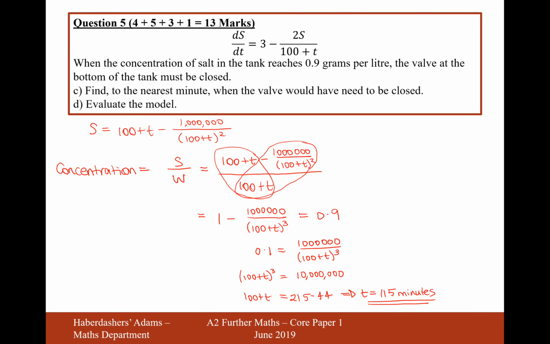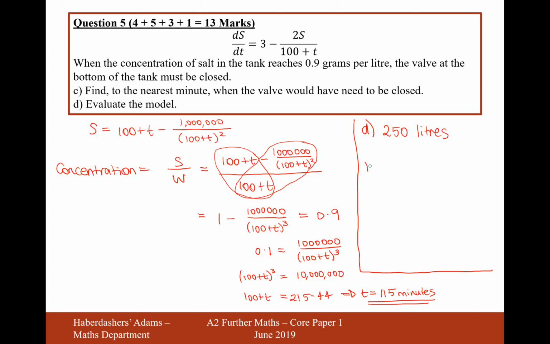So now the question is evaluate the model. The only thing that's really to discuss here is, is the water going to start overfilling when it gets to 115 minutes? Now if you remember right back at the start of the question, it said the tank had a capacity of 250 litres.